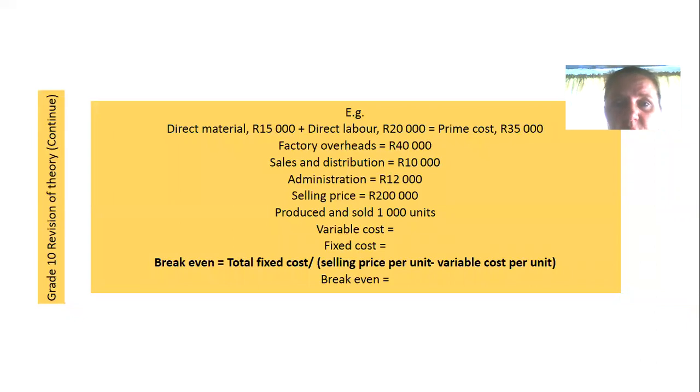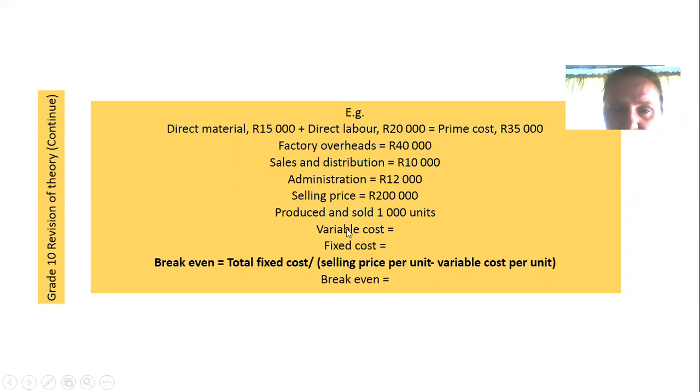Then I've got an example over here where my direct material is 15,000, direct labor is 20,000, which means prime cost is 35,000, factory overheads is 40,000, selling and distribution amounted to 10,000, administration to 12,000, the sales amounted to 200,000, and my production and selling units totaled 1,000.